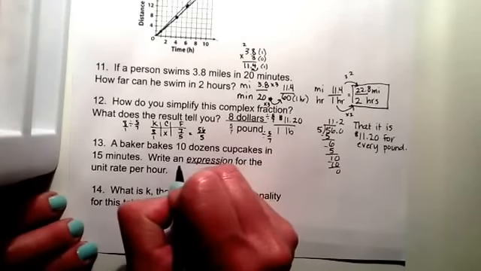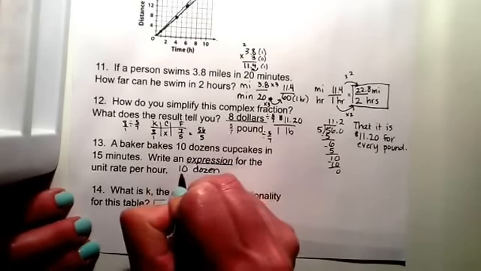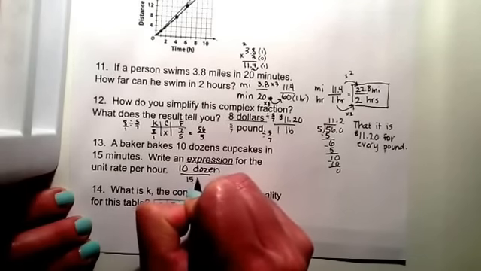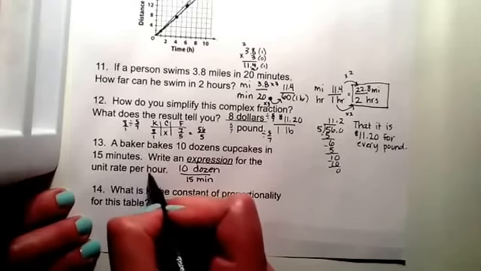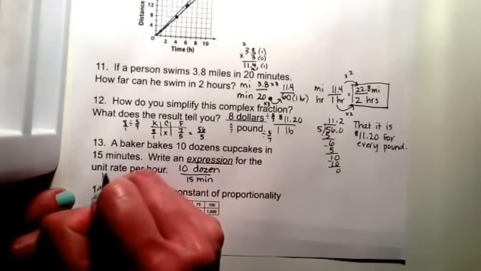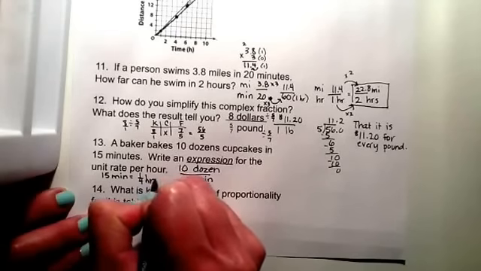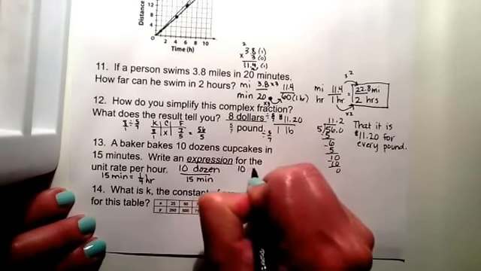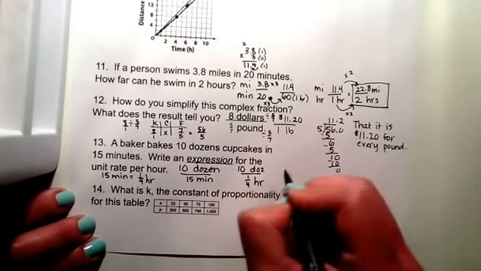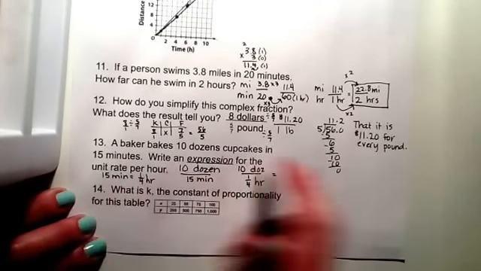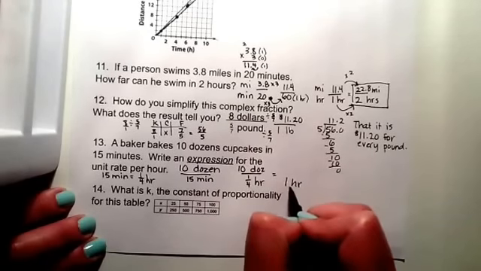So let's see, we're talking about 10 dozen in 15 minutes. But it's asking for a unit rate per hour. Well, then you would have to know that for every 15 minutes, it's a fourth of an hour. So we're going to change this to 10 dozen for 1/4 hour. And to get our unit rate, we would end up having to take our 1/4 denominator to 1.